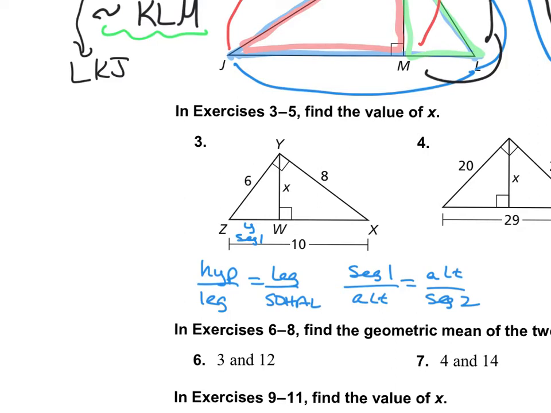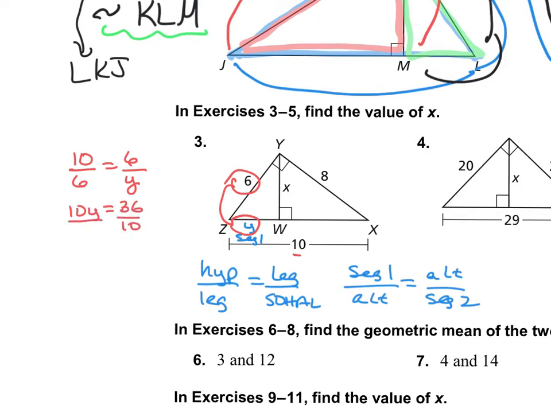So I'm going to find the segment here. I'm going to use this leg, and this Y that I just added in is my segment. My hypotenuse is the 10. So I'm going to do 10 over 6, 6 over Y. 10Y equals 36.